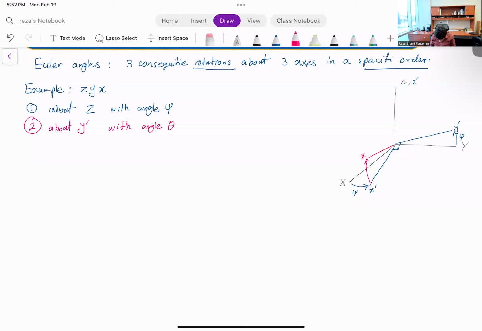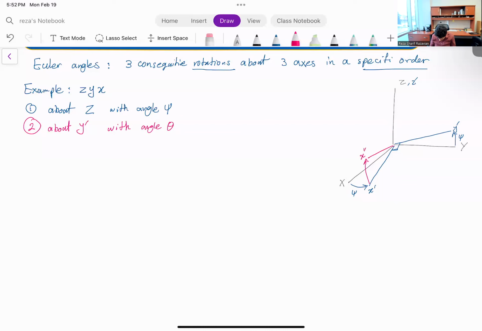This becomes the new X double prime. And Z is going to rotate this way. This is going to be my Z double prime, and my Y double prime is going to stay there.